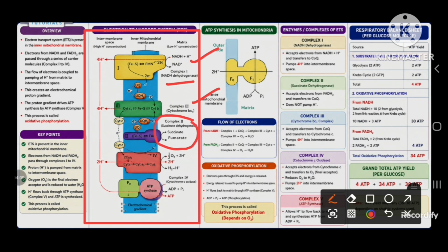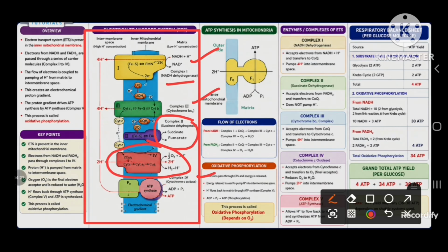After that there is the presence of complex number 2, also known as succinate dehydrogenase enzyme, which carries the electrons and transports them to complex number 3. Afterwards there is complex number 4, which we also call cytochrome C oxidase.